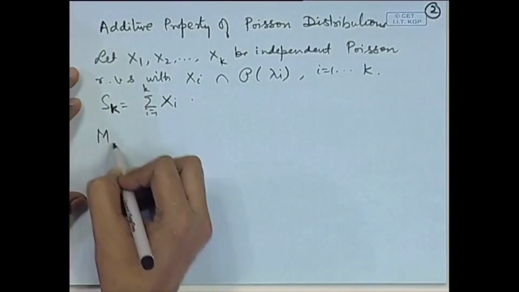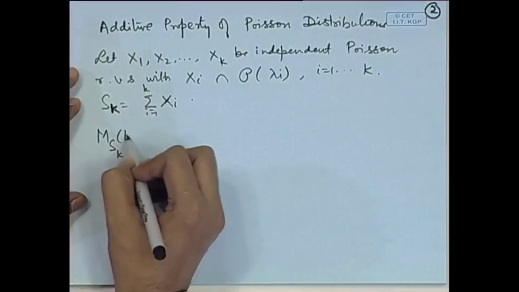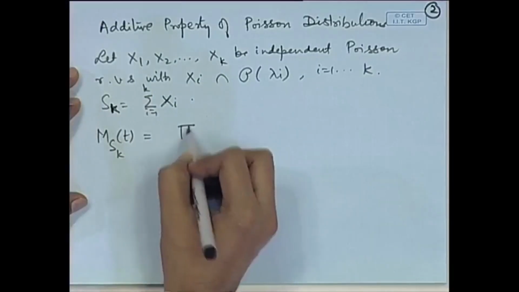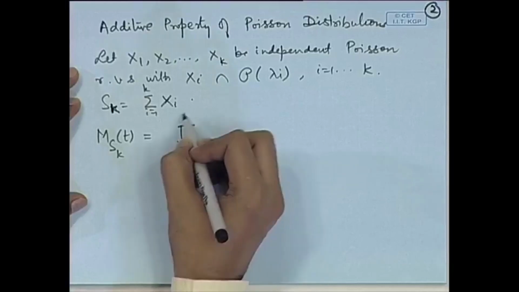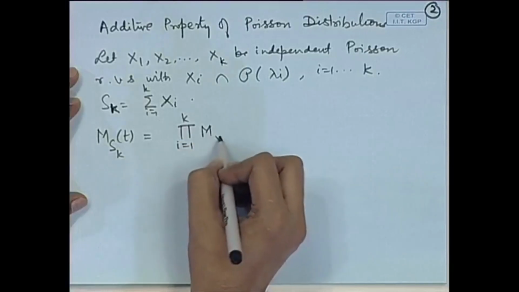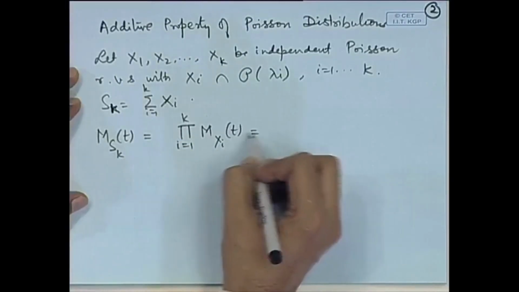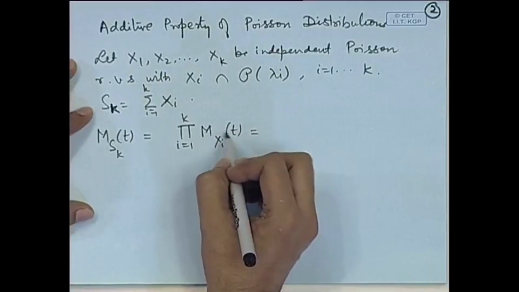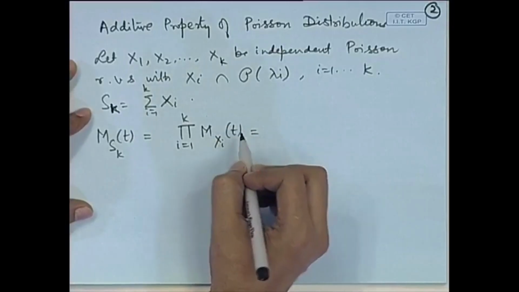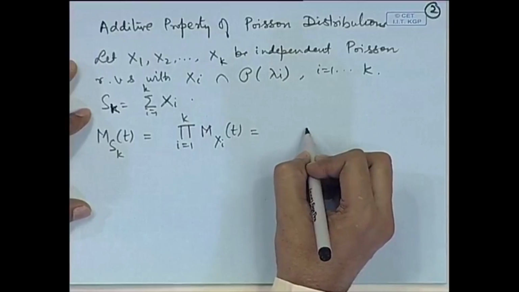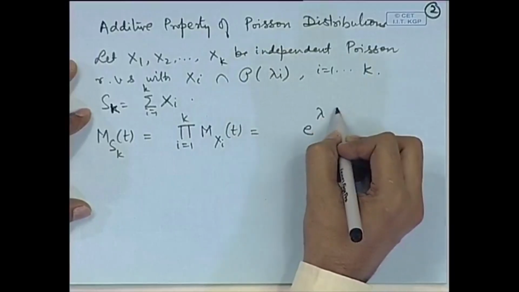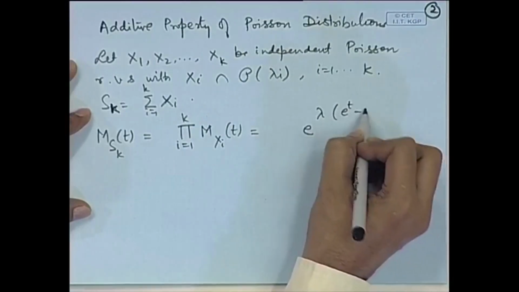By independence, the moment generating function of a sum is equal to the product of the moment generating functions. The moment generating function of a Poisson distribution with parameter lambda is e to the power lambda (e^t minus 1).